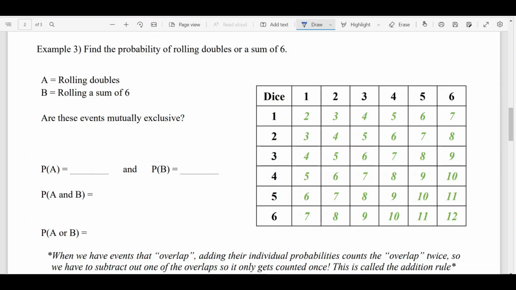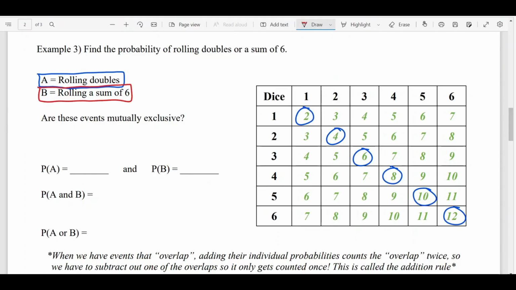Okay. So I'm going to highlight in blue here, rolling doubles. Okay, so doubles would be 2 1s, 2 2s, 2 3s, 2 4s, 2 5s, and 2 6s. Okay. And I'm going to do red as rolling a sum of 6. Okay. Rolling a sum of 6 occurs here, here, here, here, and here.